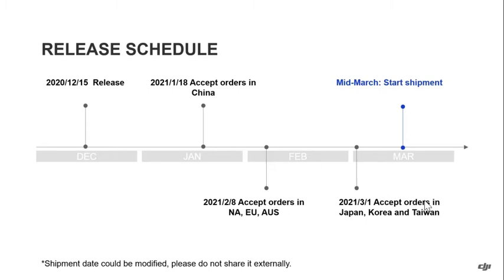And we could accept orders in Japan, Korea, and Taiwan after the 1st of March next year. And we will start our shipment after mid-March. But please note that the shipment date could be modified, so please do not share it externally, because we may modify it.